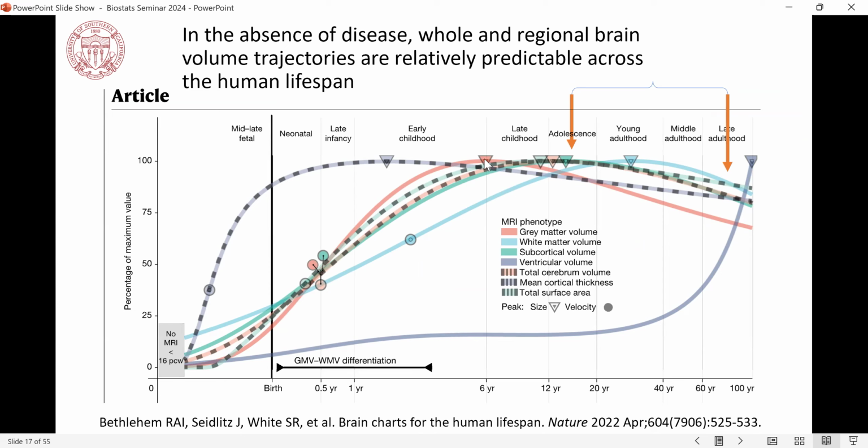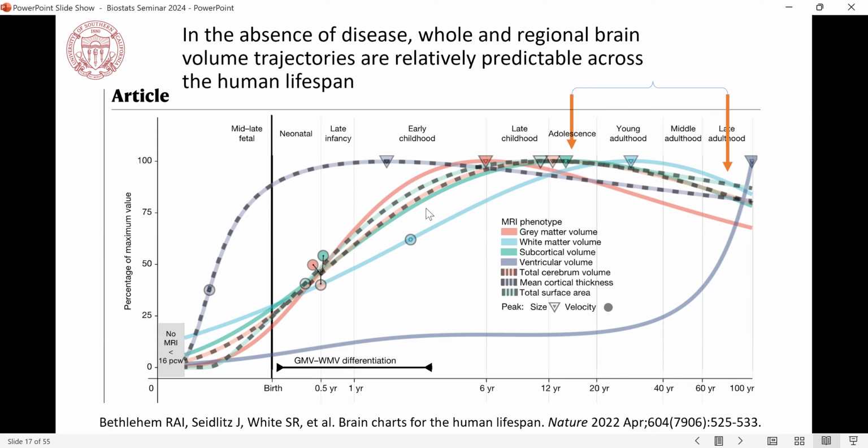The gray matter goes down the hill after adolescence, and the white matter keeps growing until young adulthood, and then starts decreasing.